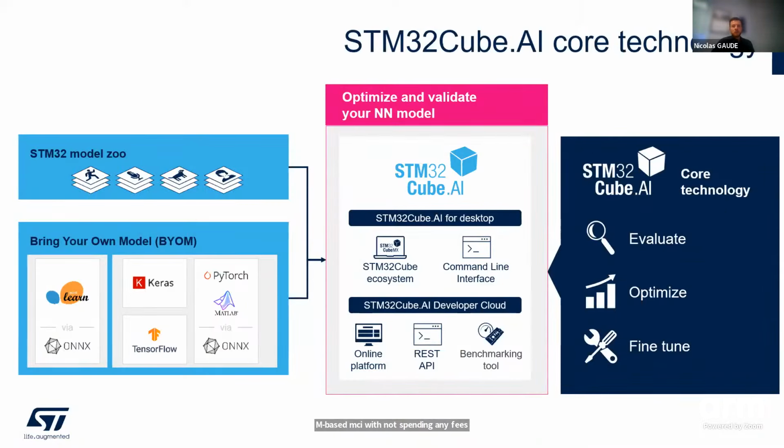So now, before moving on to the hands-on presentation, let us have a closer look at our solutions. First of all, STM32 Cube.AI is a tool to optimize AI models to run efficiently on a resource-constrained MCU architecture. It allows to easily evaluate, optimize, and deploy machine learning and deep neural networks on all STM32 portfolio.